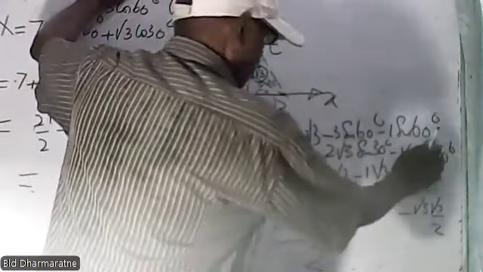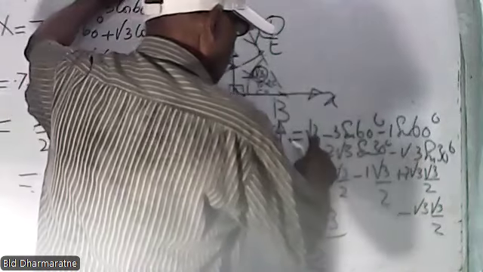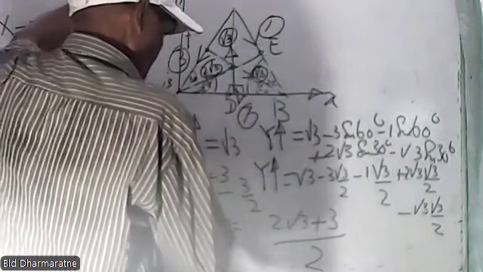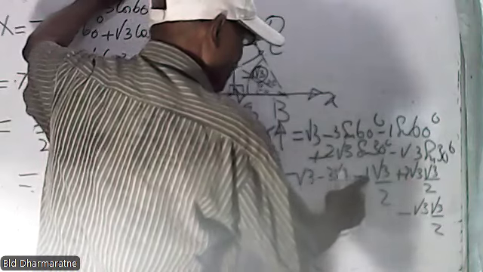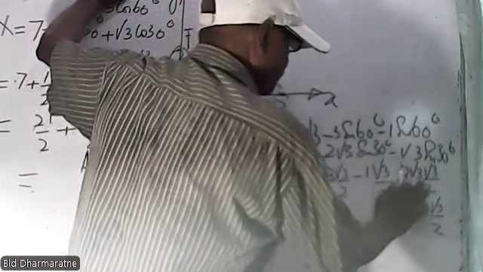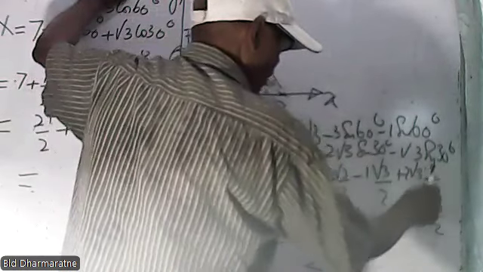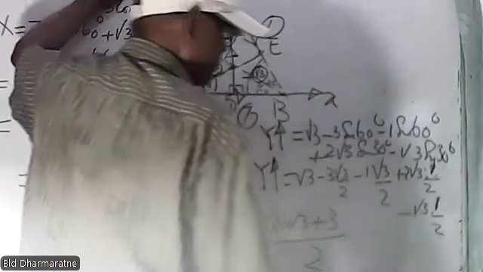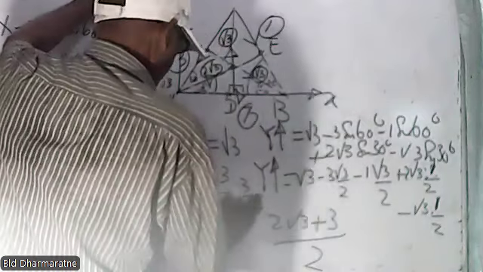Now here half, root 3 half, no? Here root 3, 3 sin 60, correct. 1 sin 60, correct. 2 root 3 sin 30 is half. Here 1, half; here also 1, half. Sin 30 is half.